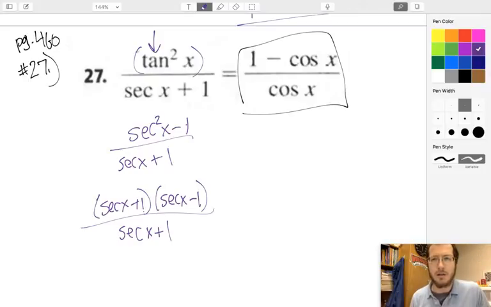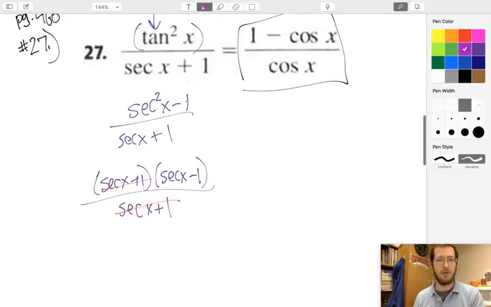Okay, again, our goal is to get just cosines, so I want to try to get as few secants as possible. We can go ahead and get rid of this pair of secant of x plus 1. So we're just left with secant of x minus 1.